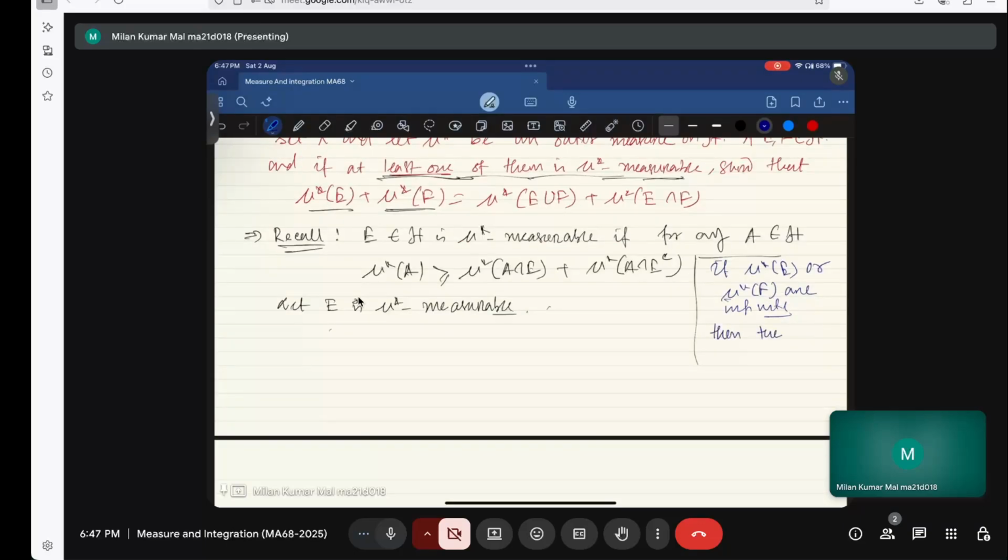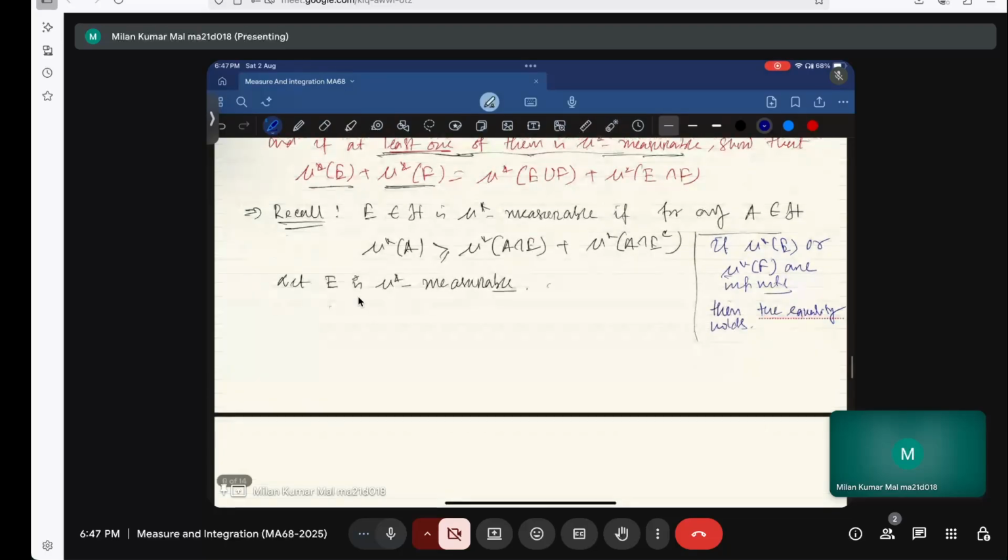Then the equality holds, because, for example, if mu star E is infinite, or if one of them is not finite, then the equality holds.